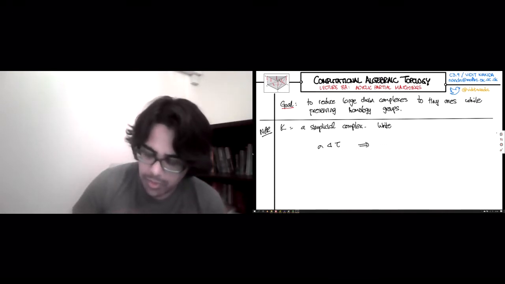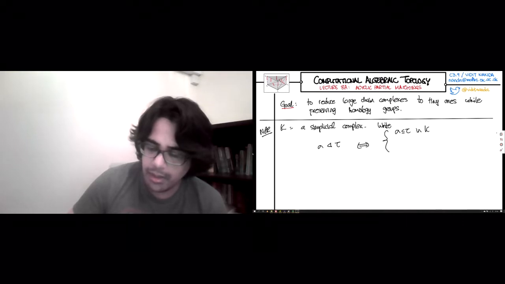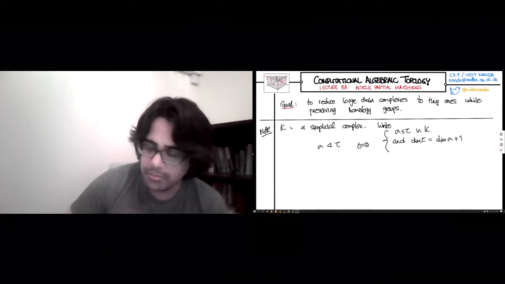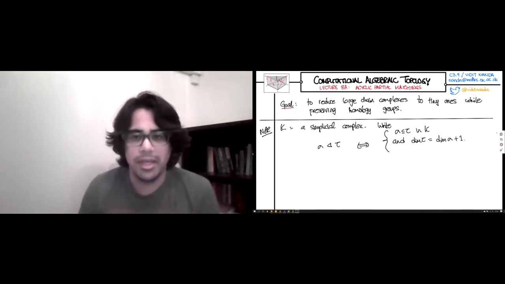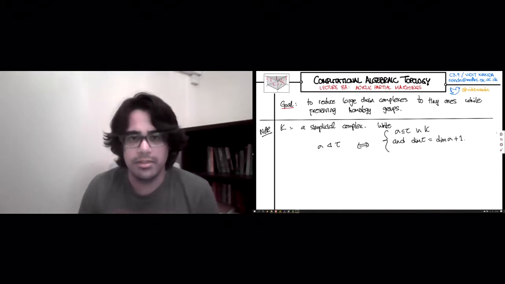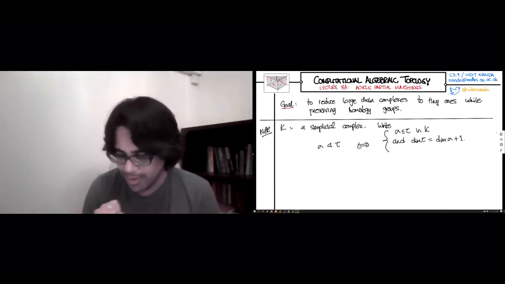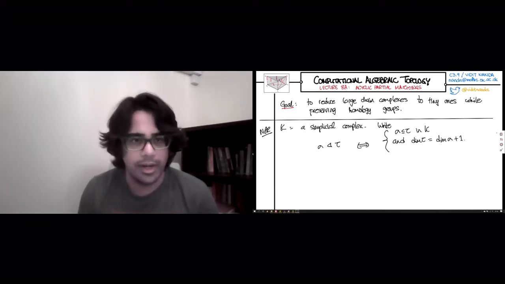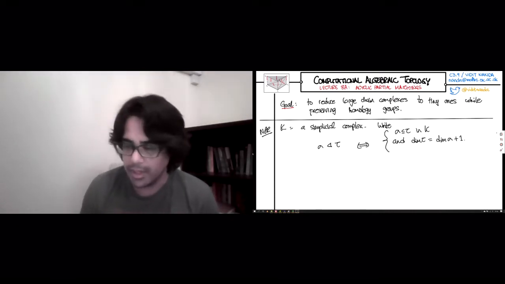And this is going to mean precisely that sigma is a face of tau in K, and that the difference in dimensions is exactly 1. So the dimension of tau is the dimension of sigma plus 1. And this is going to make life easy for various reasons, just because I want to single out these codimension 1 face relations more than any of the others. So this is going to be convenient.